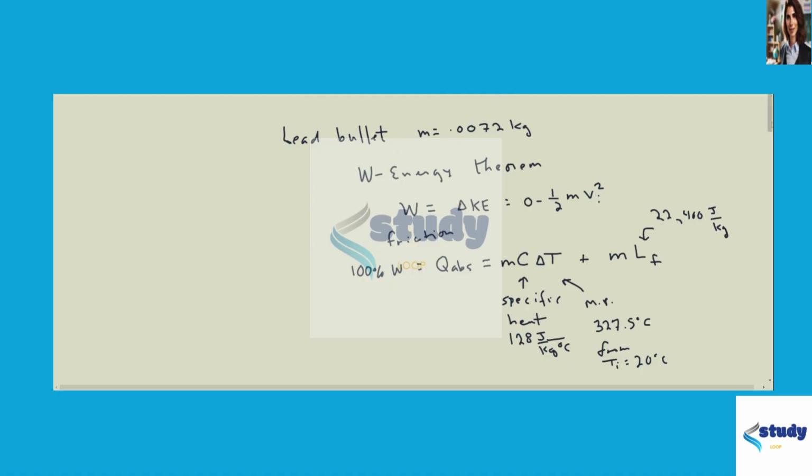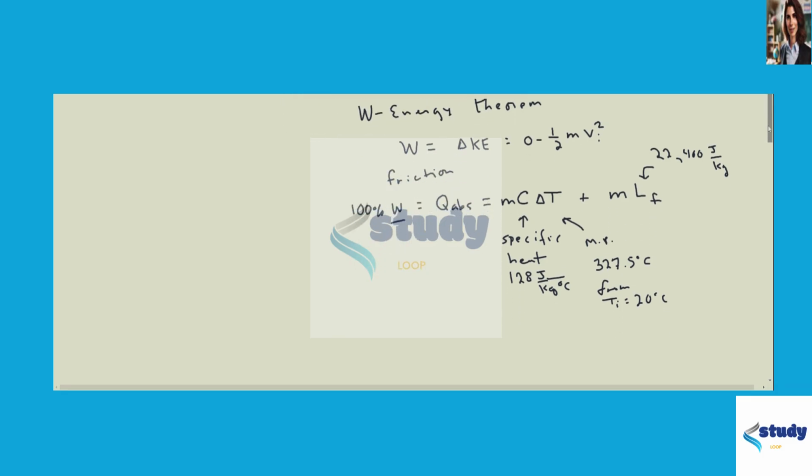Okay, so we are going to equate the positive heat absorbed to 1/2 m v squared.